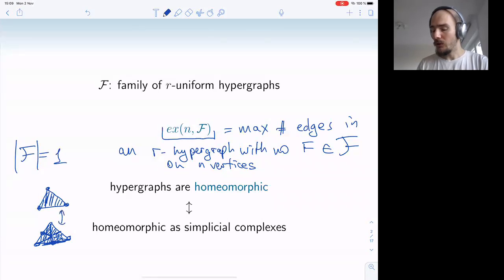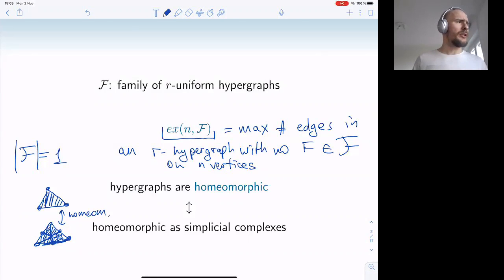These two are homeomorphic, homeomorphic as simplicial complexes, and we are not going to use any fancy topology. So whatever intuition you have for this should be sufficient for the talk.